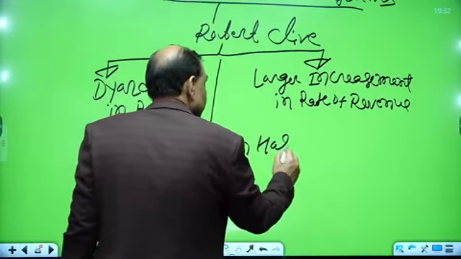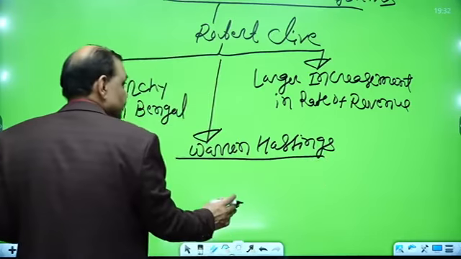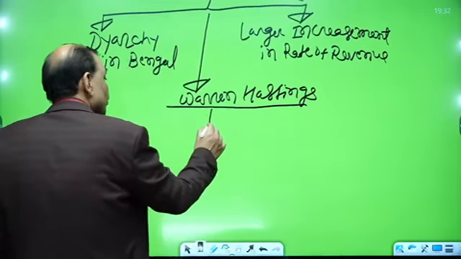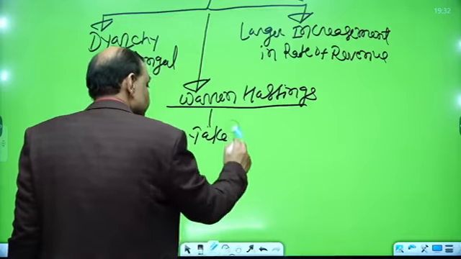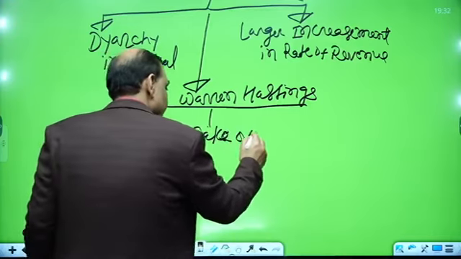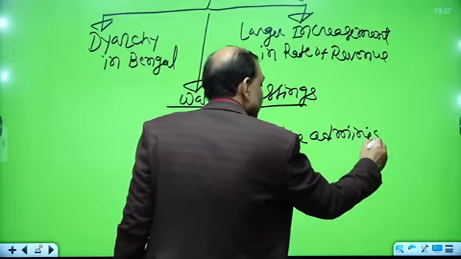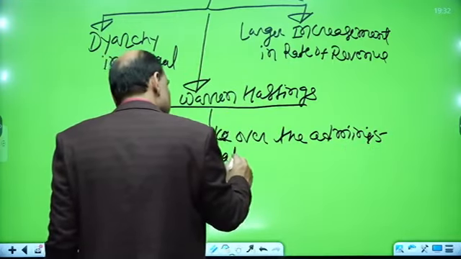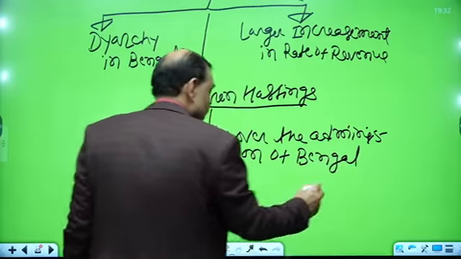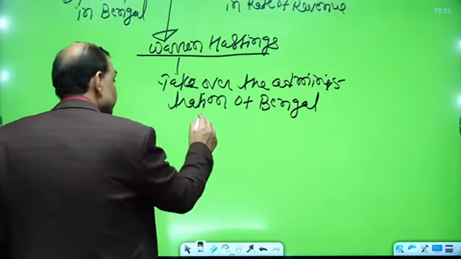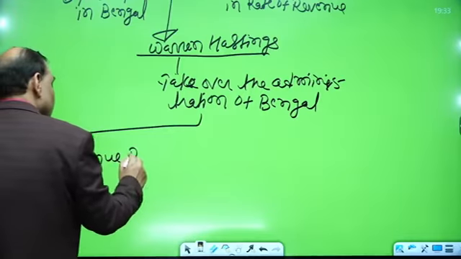Warren Hastings took over the administration of Bengal. After takeover, revenue reforms.